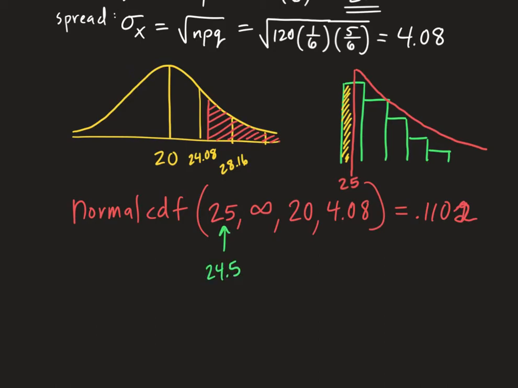So let me retype that and see what I get. If you change that 25 to a 24.5, then you change this 0.1102 to 0.135. And it was supposed to be 0.136. So it got real close if you did that correction. It's still not going to be perfect. Remember, if you look at this enlarged diagram, we're still going to miss.